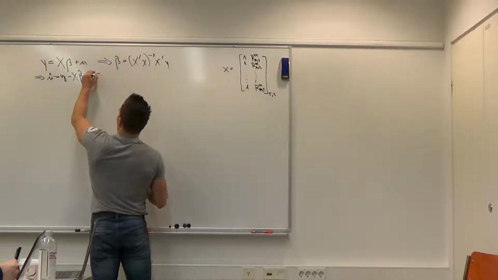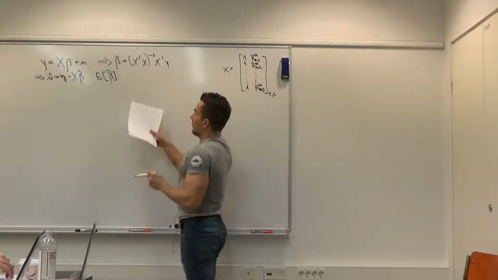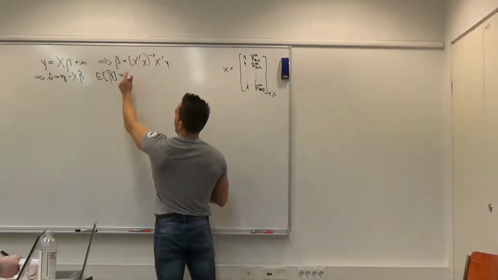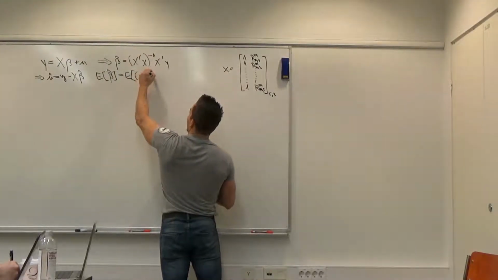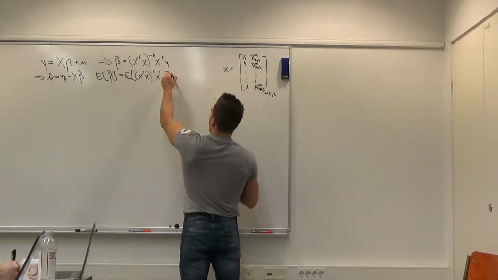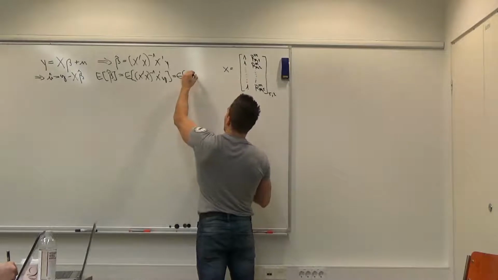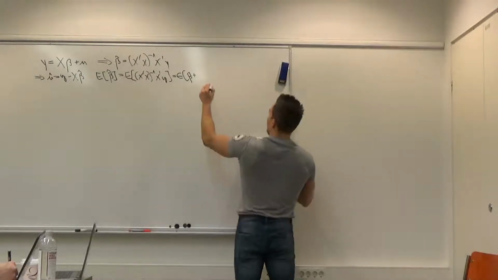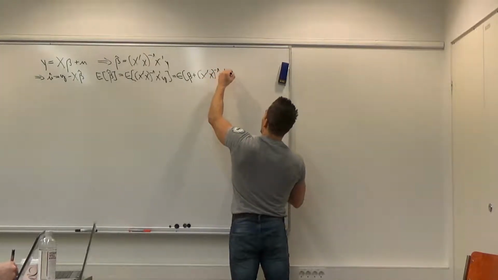Then what we are also talking about is, if we want to know how good is our point estimator, we take the expectation of this guy here. And of course what we can do is then we can plug in this formula here. And we have seen that what we get is the expectation of the real beta plus this term here, X transpose X inverted times X transpose u.